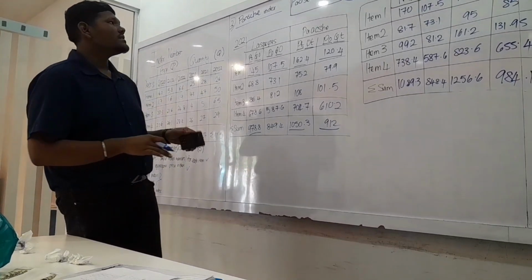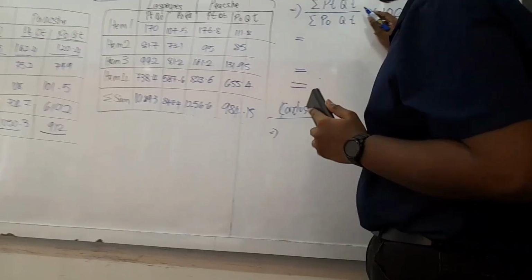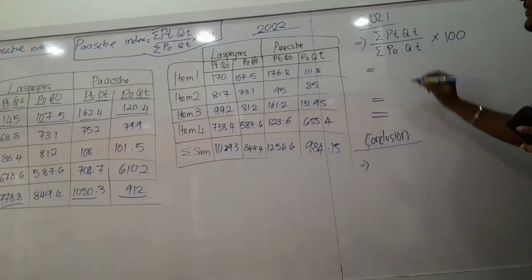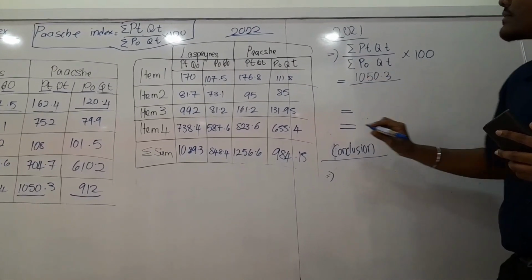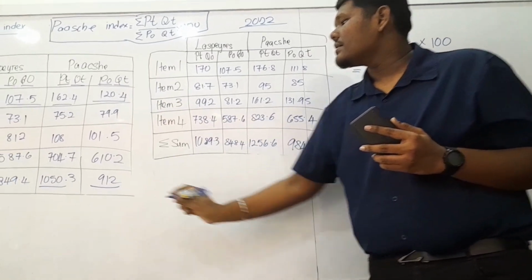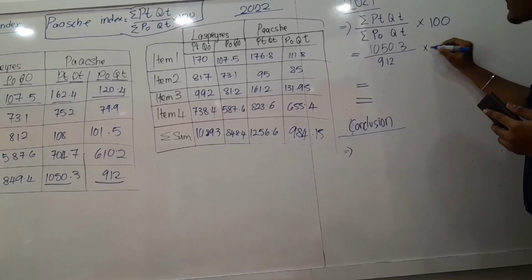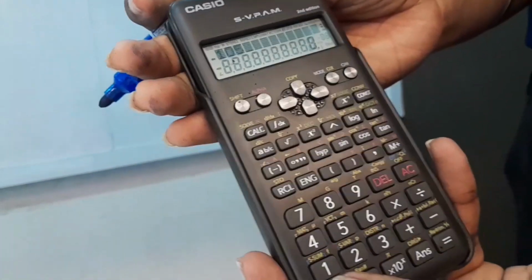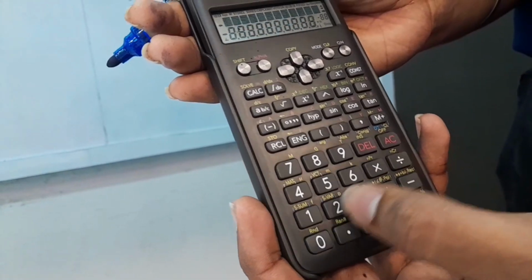Now let's do the Paasche index with this formula. The sum of PnQn is 1050.3 over P0Qn 912, times 100. Now let's do the calculation. 1050.3 over 912.